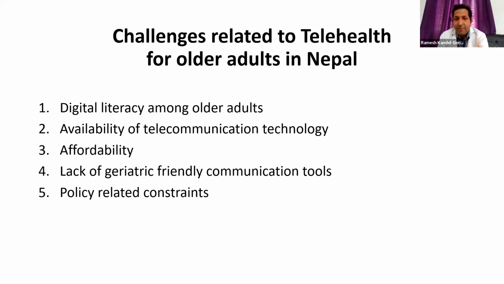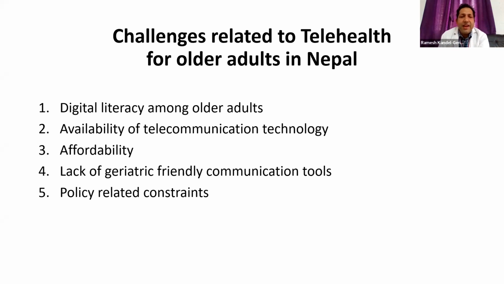That's another major concern. Similarly, affordability is another major concern, like the data cost in Nepal is one of the most expensive in Southeast Asia, almost we can say in Asia. So whether this comes under the affordability of those older clients who have a poor economic base, that's another major concern.